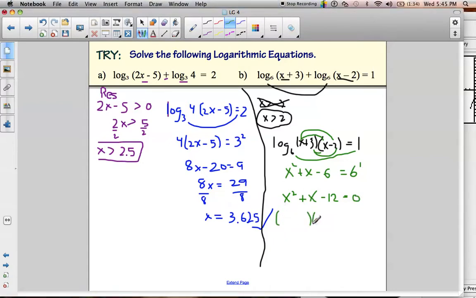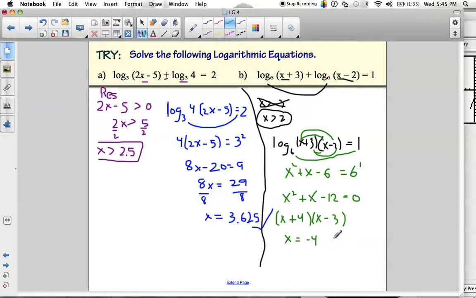Okay. So two numbers that multiply to 12 and get me 1. Well, it's 4 and 3. And we need a positive 1 there, so the bigger number, the 4, gets the positive, and that gets the minus. And now this equals, the opposite of plus 4 is minus 4.